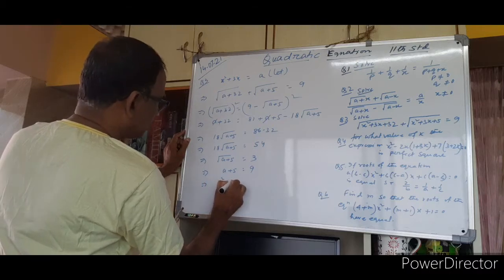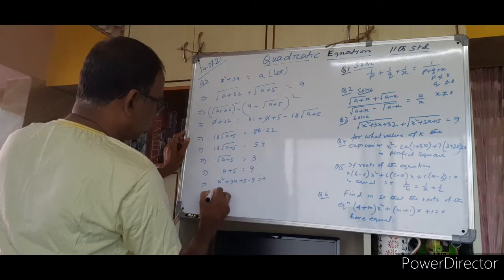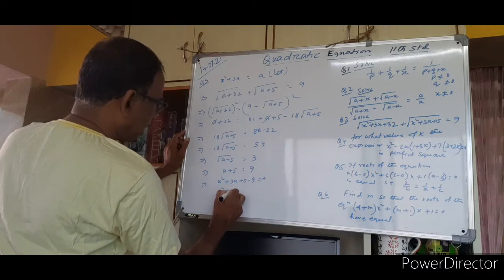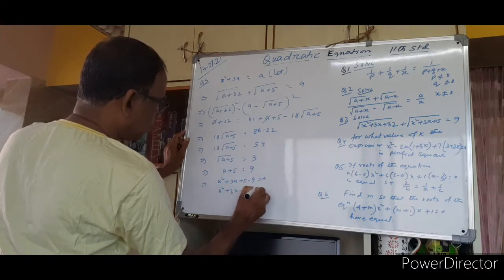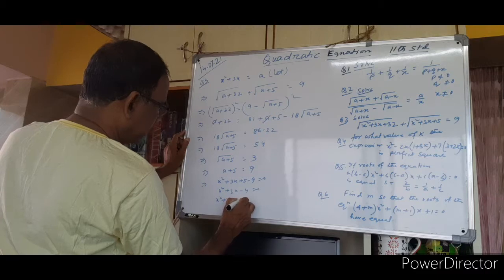x square plus 3x plus 5 minus 9 equals 0. That is x square plus 3x minus 4 equals 0. That is x square plus 4x minus x minus 4 equals 0.